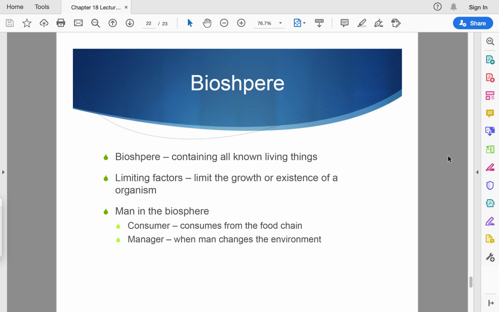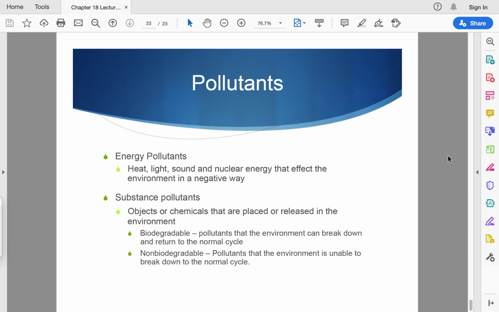And so that is an example of man being a manager of the environment, trying to bring back a species that was, if you will, overhunted.